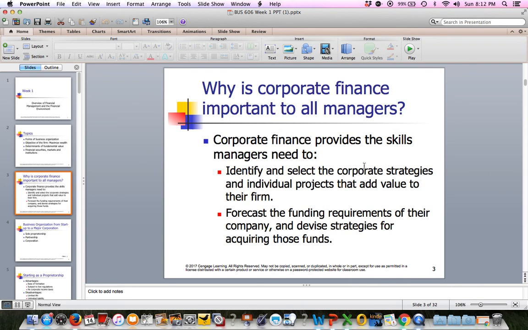So corporate finance, though, is important to all managers. Corporate finance provides skills managers need to identify and select corporate strategies for individual products that add value to the firm. Obviously a company has a lot of managers, senior level, mid-level, and so on. But a well-run company is going to allow management at all levels to identify projects that ultimately add value to the firm. That project could be almost anything.